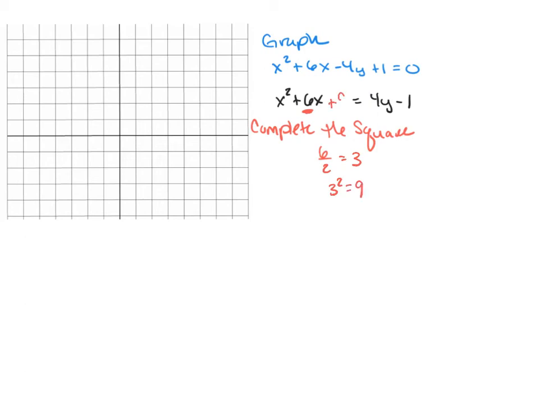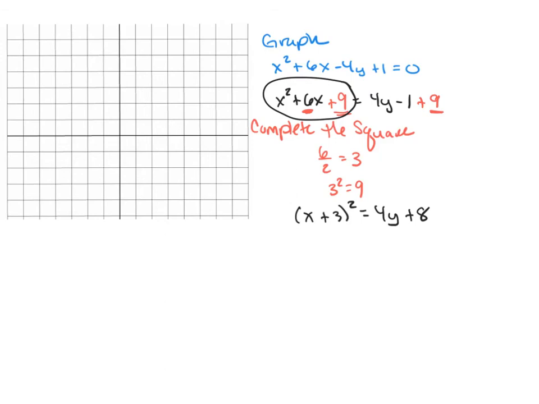And that number, we're going to add on the other side of the 6x. Now, in order to balance the equation, of course, we need to add that 9 to the right-hand side also. So here's what that gives us. That gives us x² + 6x + 9. That factors really nicely. It factors to (x + 3)² = 4y + 8.